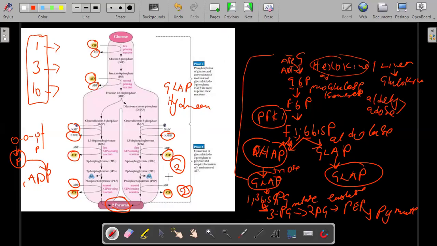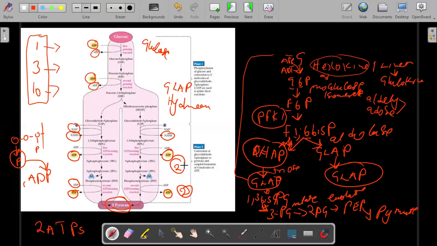At the end of glycolysis, you also need to take note that from one glucose molecule you end up obtaining 2 ATPs. The reason we get 2 ATPs is that in the investment phase we used 2 ATPs.